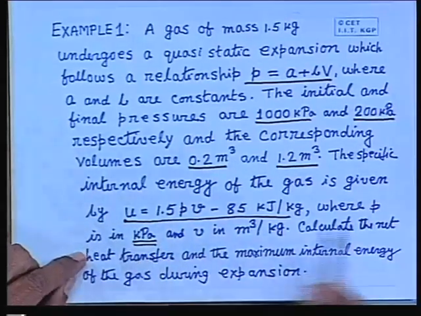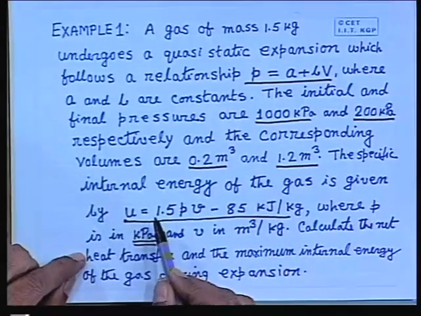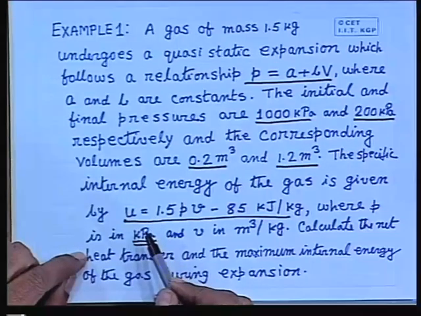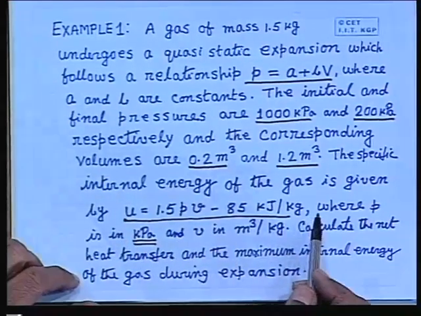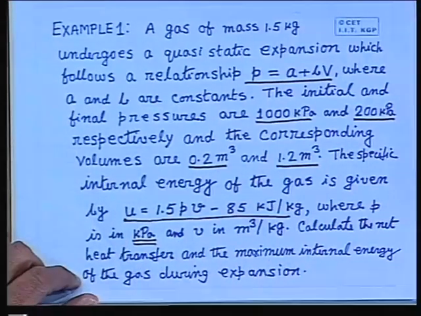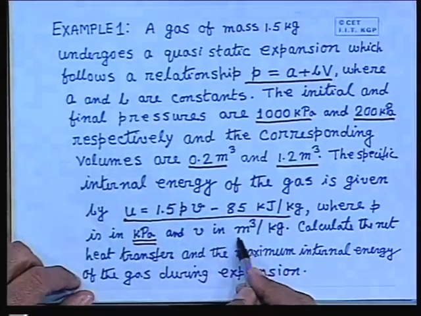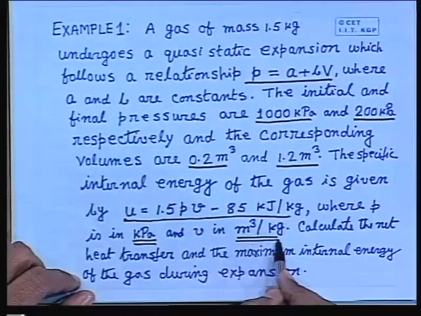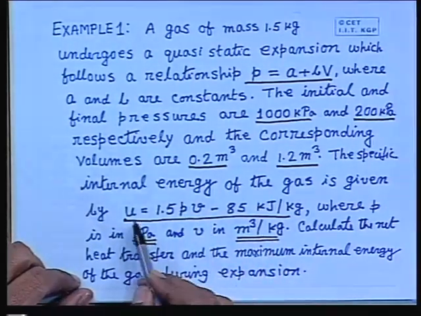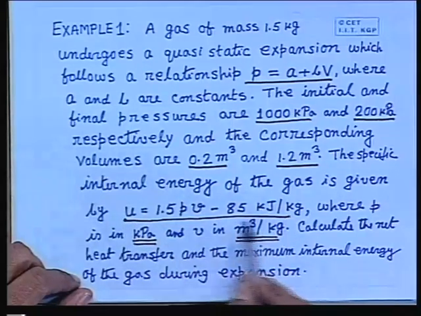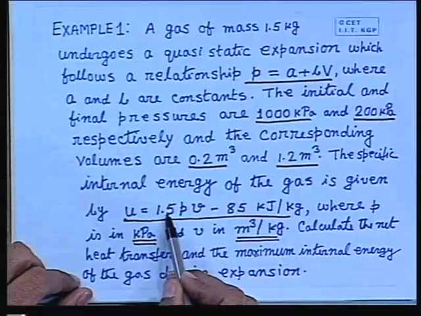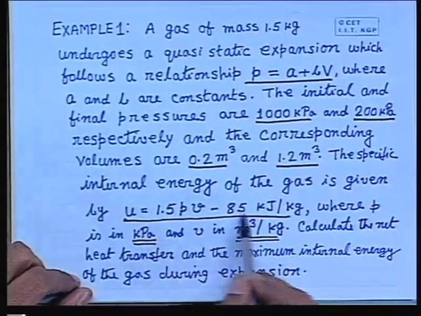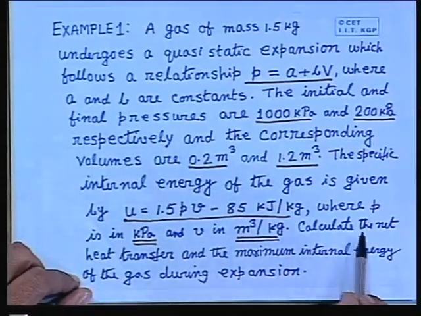Very important. If you make a mistake utilizing this equation, you will lose marks in the examination. Concept remains the same, but to get the correct answer, you have to be very careful. And V in meter cube per kg, that means if you express P and V in these units, then U will be given in kilojoule per kg according to this relationship. That means the numerical values of these constants are adjusted like that.